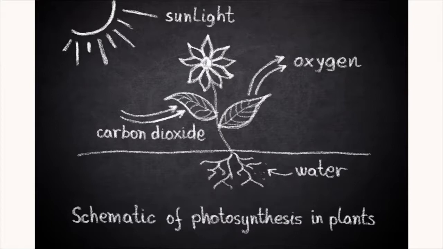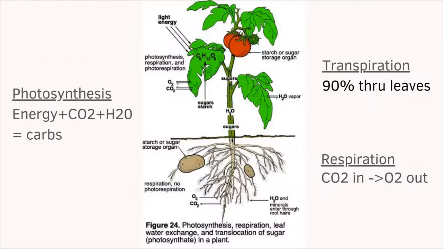Oh, that didn't change the slide. Okay, so this looks kind of complicated, but it's just a common diagram of a tomato plant talking about these 3 aspects of why plants are able to be. With photosynthesis, you need those 3 things we just talked about: the energy, carbon dioxide, and water.